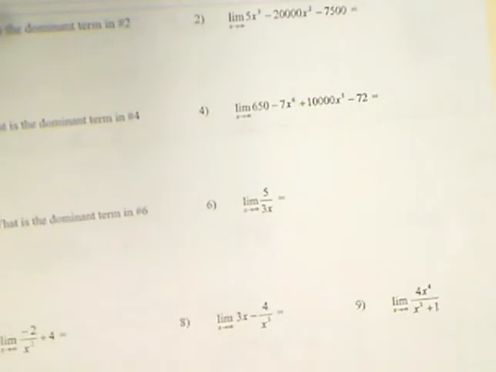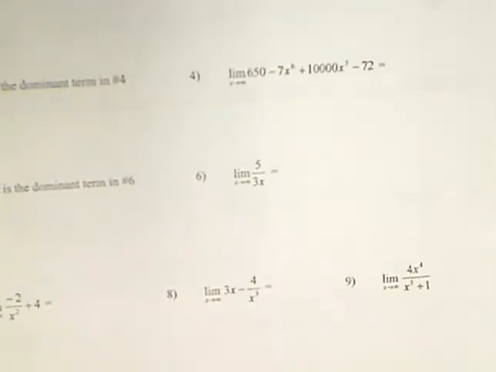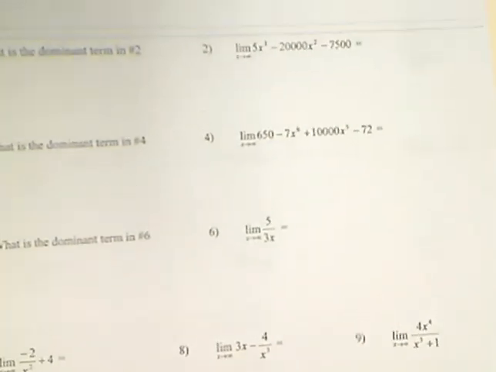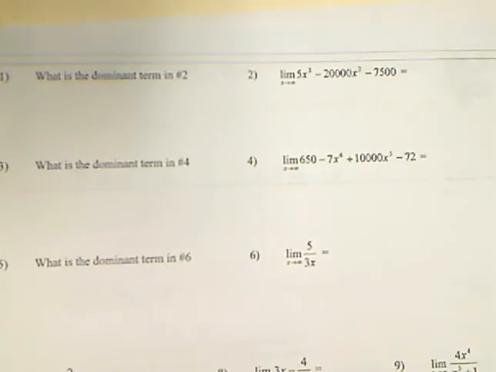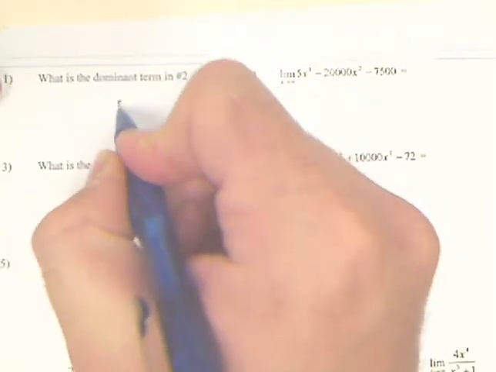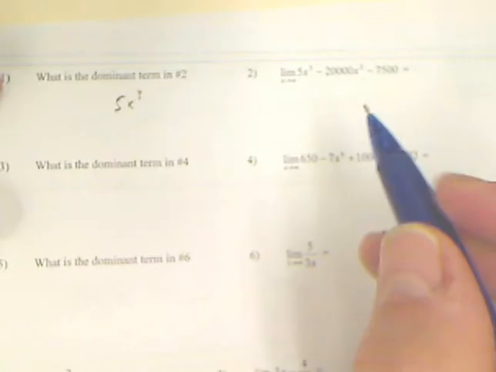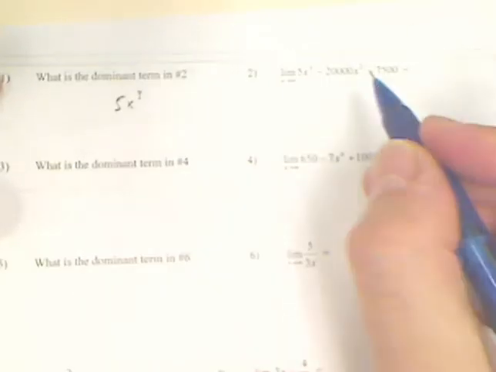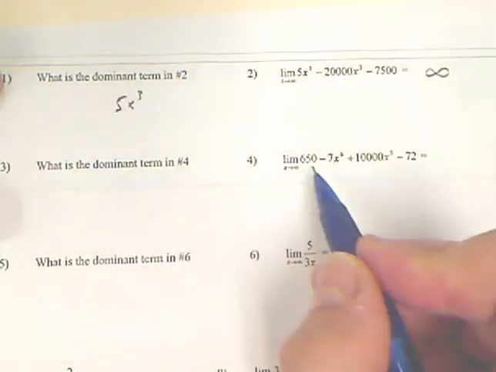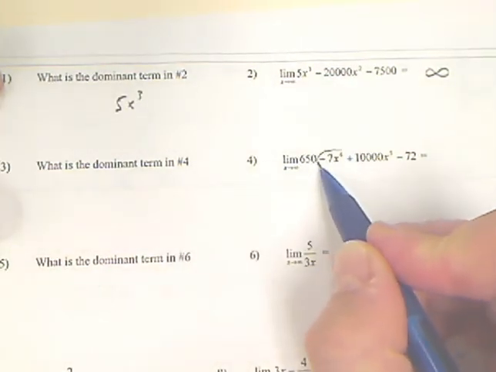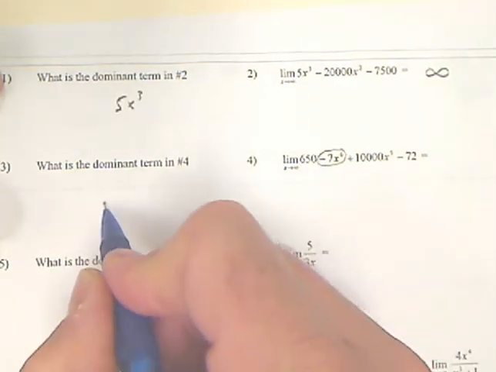Alright, turn it over. And let's go ahead and this first part recaps what we've done. So I'll kind of go quickly. The dominant term on number 2 here is the 5x cubed. So when you stick in a million, you only need to stick a million into that guy and you would get infinity. The dominant term on number 4, the largest exponent, don't forget to grab the coefficient that's in front of it.